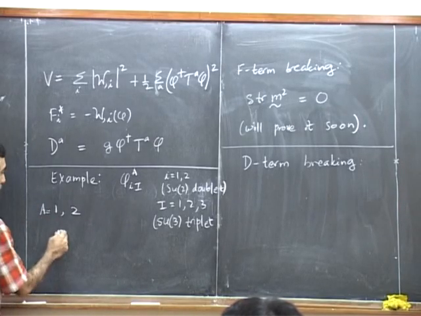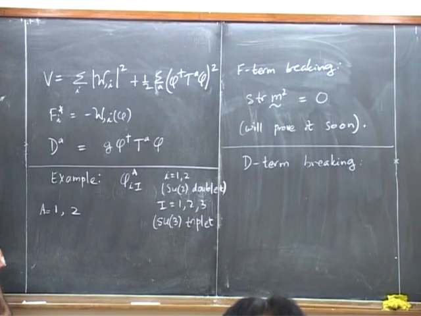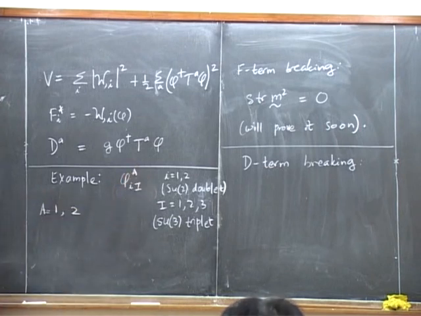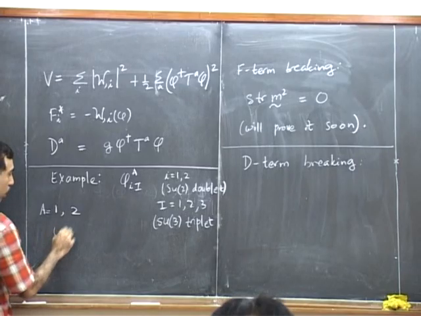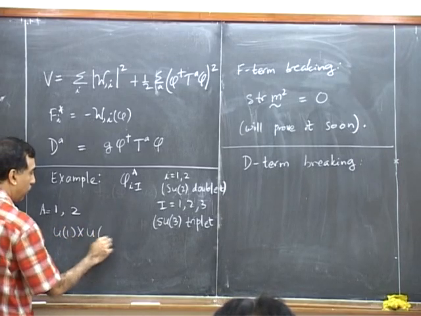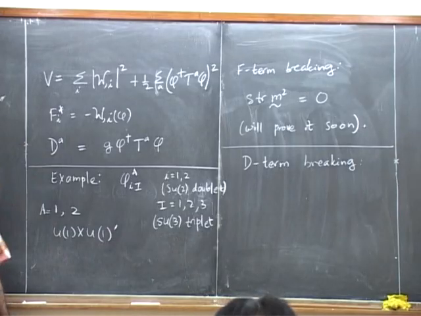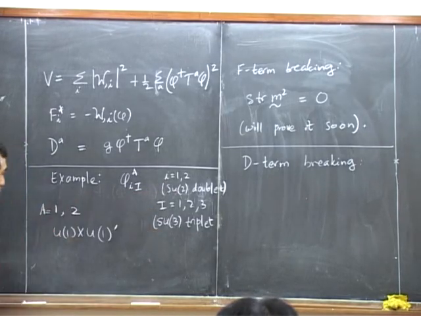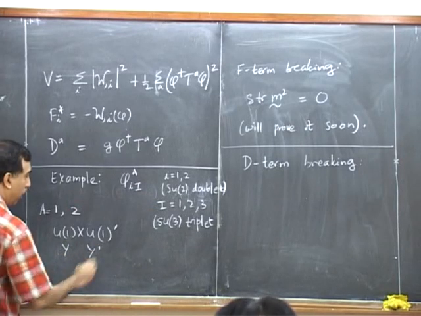So let's have two hypercharge groups. I'm making all this very complicated because then when you see how to write the D term, you'll begin to understand what its structure is. So let's have two hypercharge groups, U(1) cross U(1)', It's not so uncommon in supersymmetric models, as well as then SU(2) and SU(3). So the hypercharges are Y and Y'.